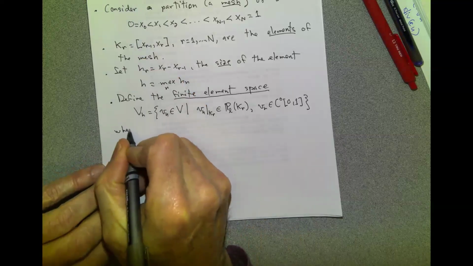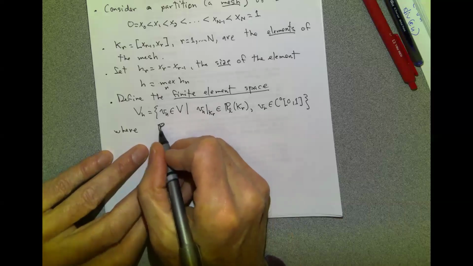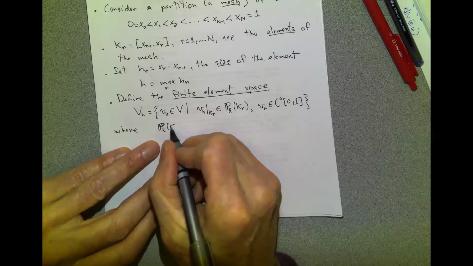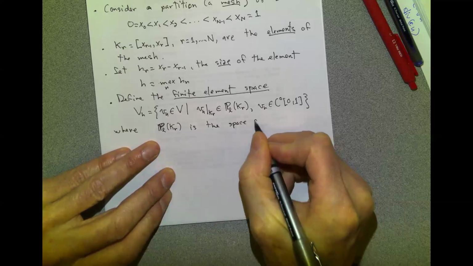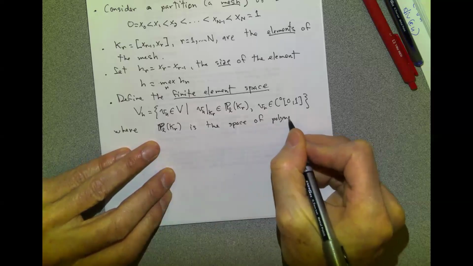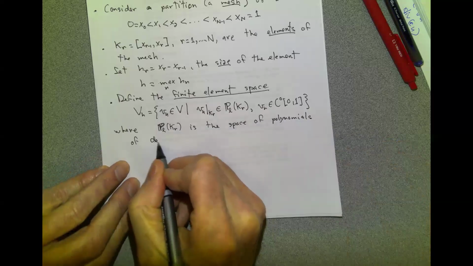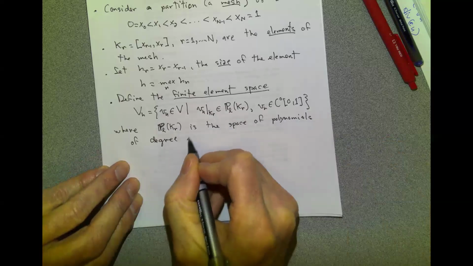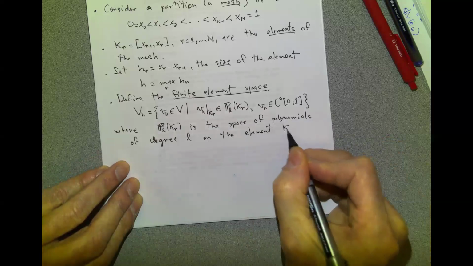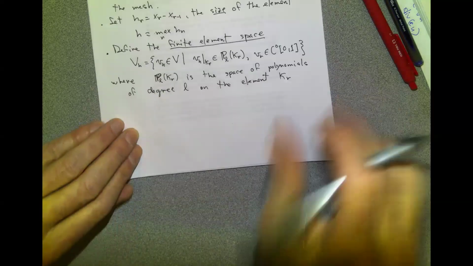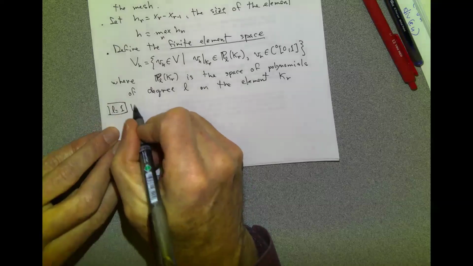Where P_L on KR is the space of polynomials of degree L on the element KR. So in particular, if L is equal to 1, we say that we have linear finite element.